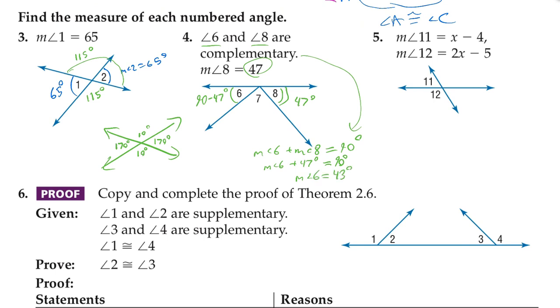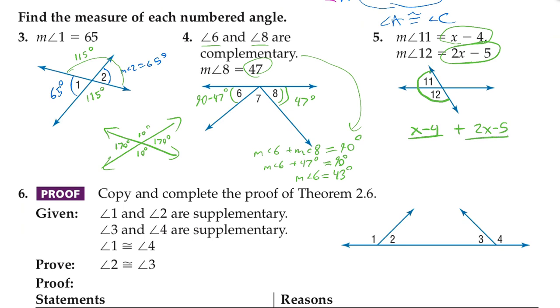Okay, over here we got two expressions. We got x minus 4 for angle 11 and 2x minus 5 for angle 12. And what's their mathematical relationship in the picture? Well, those two form a linear pair, so they're supplementary, and so they add up to 180. So I'm going to go ahead and write those two expressions, x minus 4 and 2x minus 5.